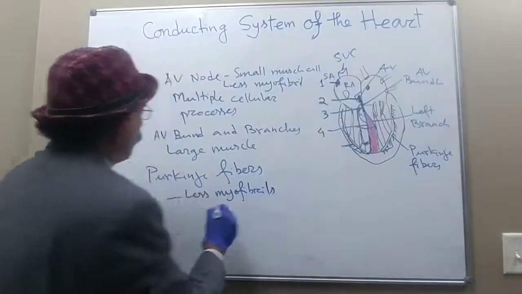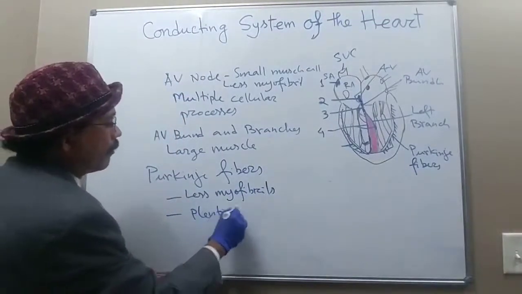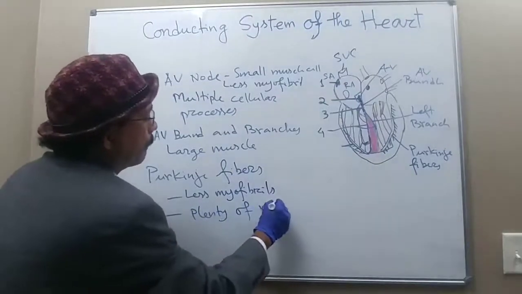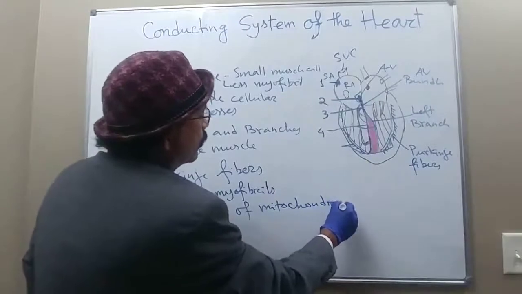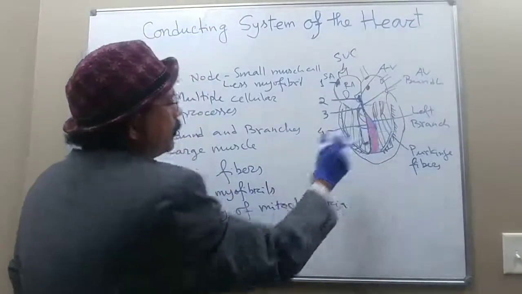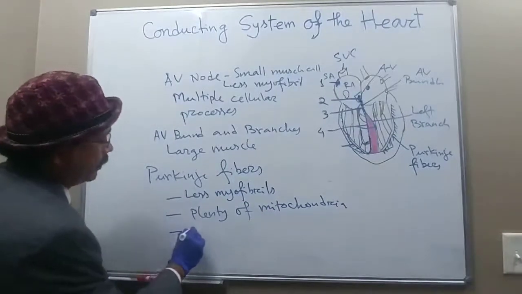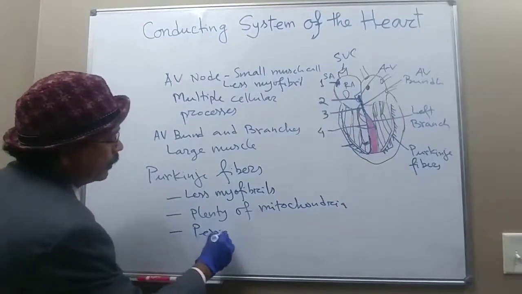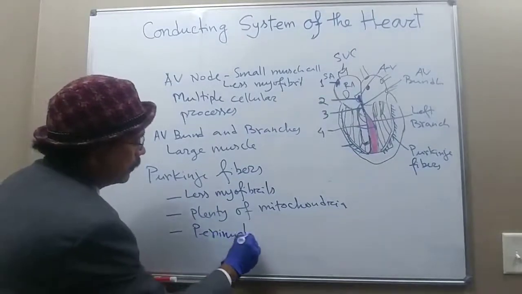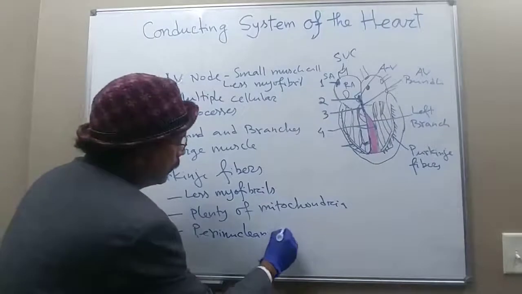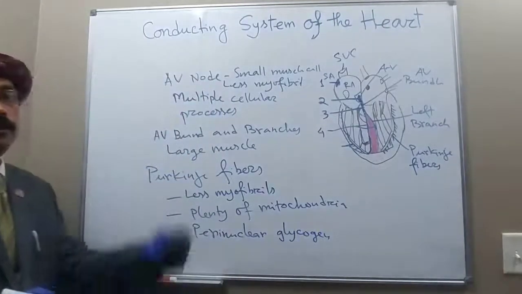But here, most important point, plenty of mitochondria, because we need power to contract the ventricle, and also get perinuclear glycogen. Okay, we got the histology.